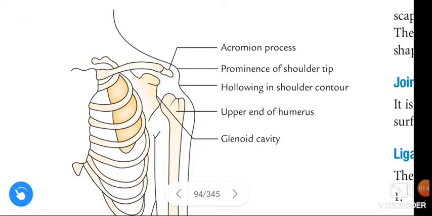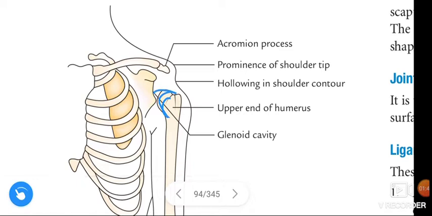See this figure, guys. This is the glenoid cavity and this is the head of the humerus. Are you able to observe the inferior dislocation of the head of the humerus?